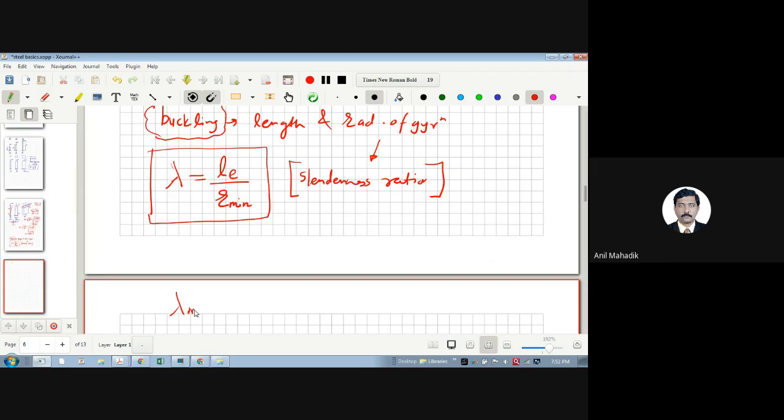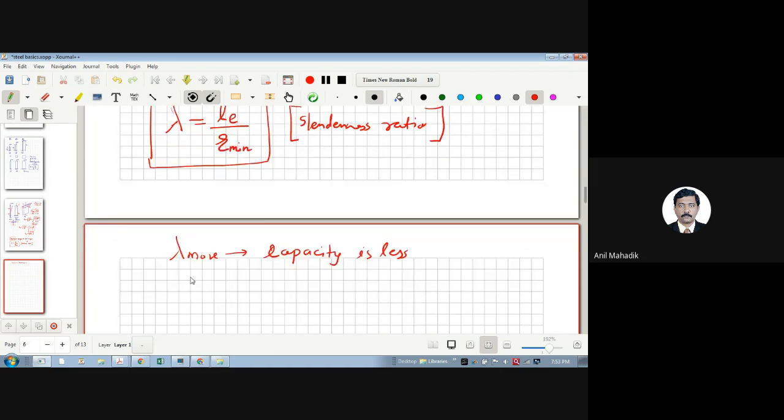So if lambda is more, capacity will be less. Yes or no? And if lambda is less, that is the slenderness ratio is less, capacity is more. Yes or no? Is it understood?